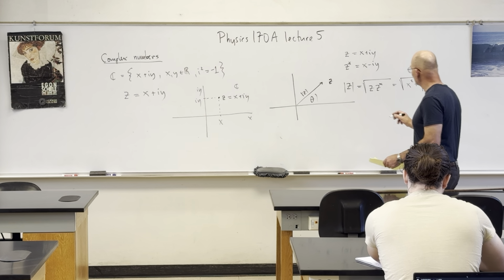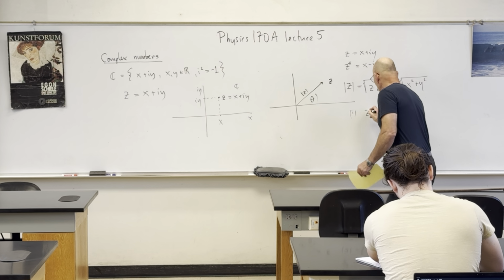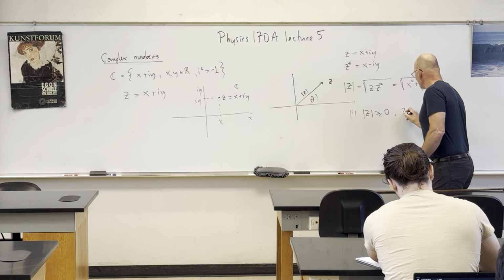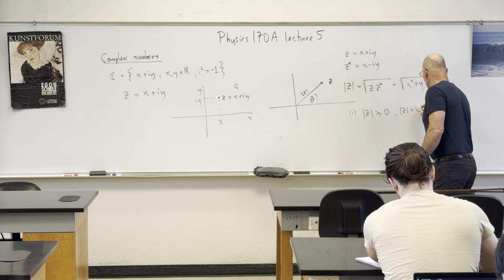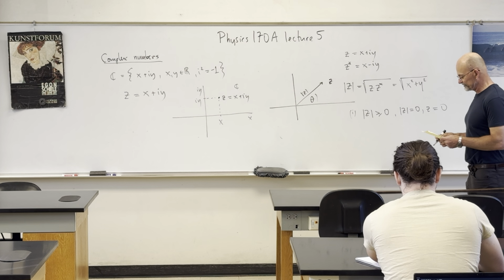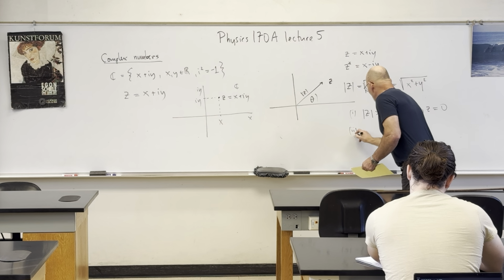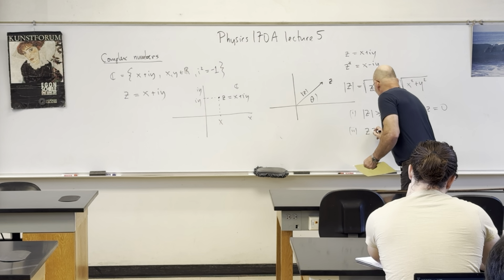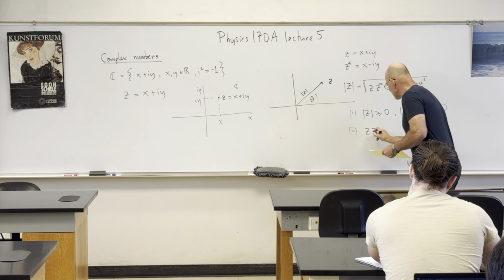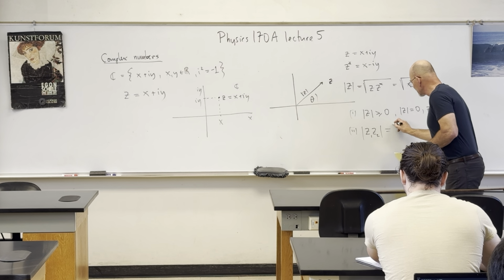The properties of the magnitude are as follows: the magnitude of z is greater than or equal to 0, and the magnitude equals 0 when z itself is equal to 0. The second one is that the magnitude of a product is equal to the product of the magnitudes.